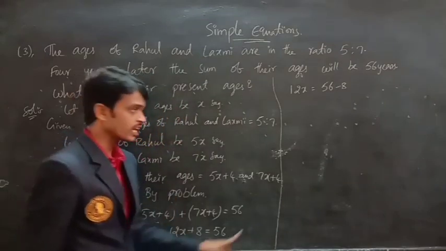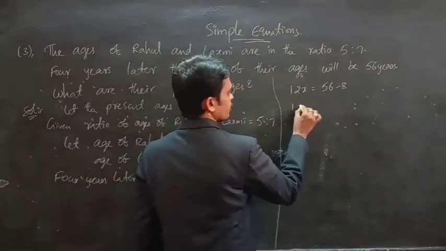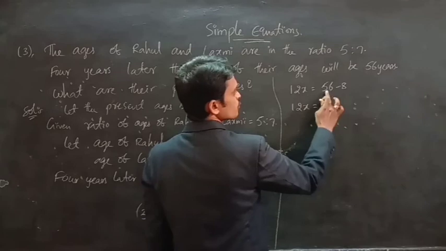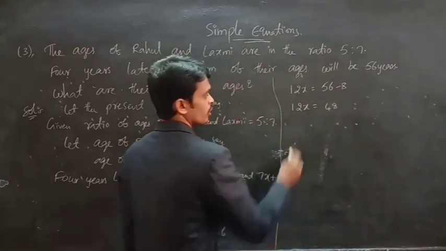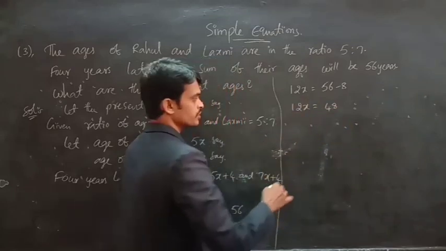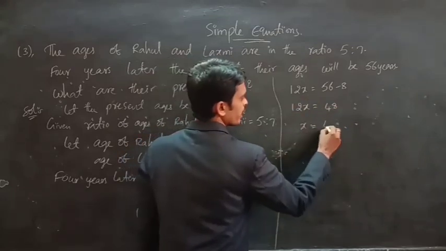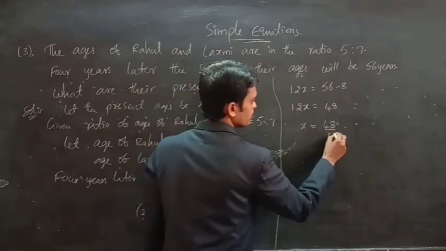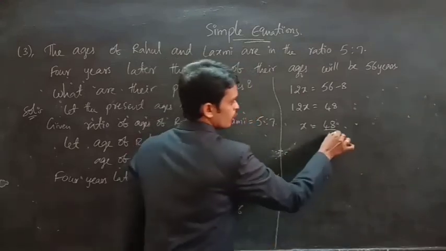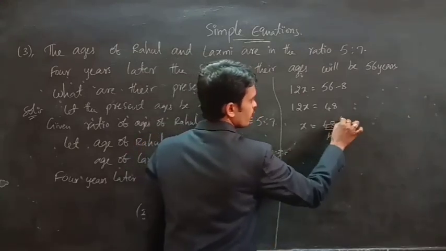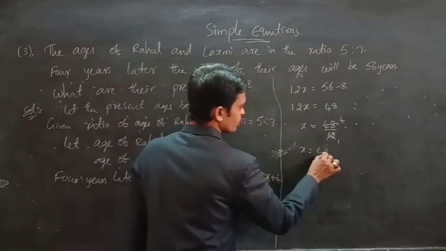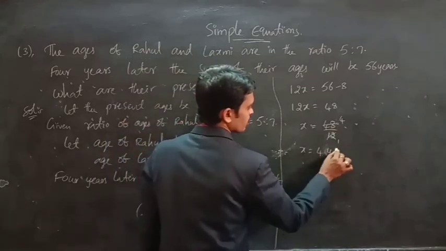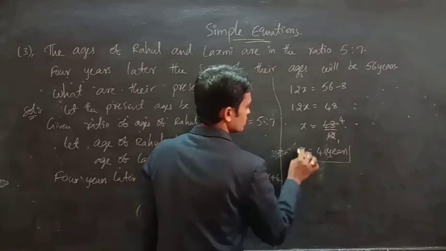Plus becomes minus. Then 12x is equal to 56 minus 8, how much? 48. Now 12 is transposed to RHS. Then we divide 48 by 12. 12 ones are 12, 4s are 48. Now the x value we got is 4.